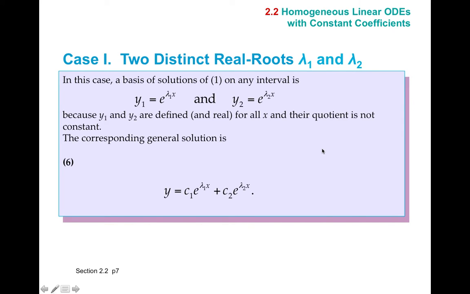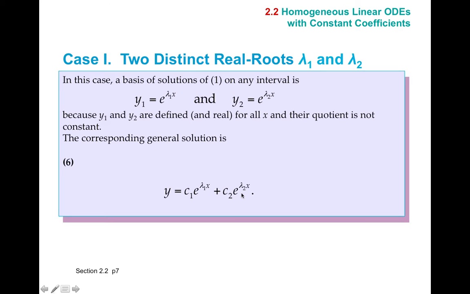So first of all, if we have case 1, we will have two distinct real roots, lambda 1 and lambda 2. And so our solution looks like c1 e to the lambda 1x plus c2 e to the lambda 2x. And typically in most physical problems, lambda 1 and lambda 2 are negative in most of the engineering problems we'll encounter.